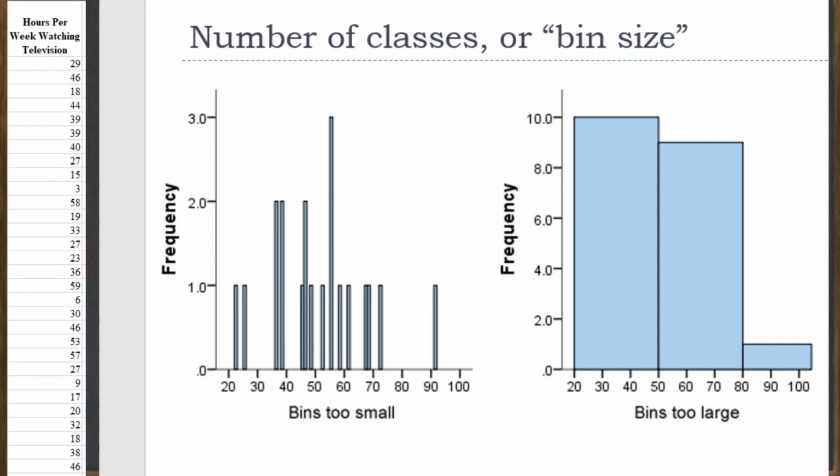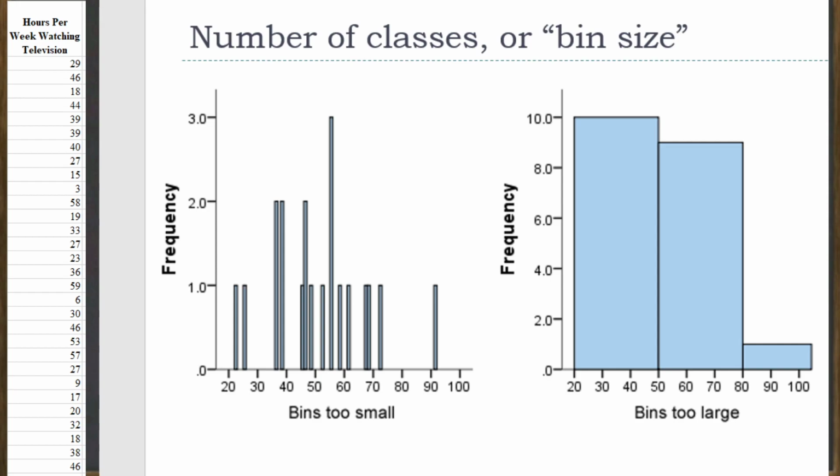And in that case, there's so many bins that some of them have 0, a lot of them have 1, occasionally you'll get a 2, but that's not really telling us a whole lot of information. There's too many bins to really summarize the data. We're just getting all of the data in front of us.